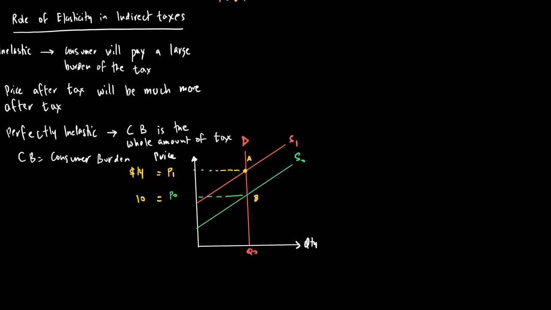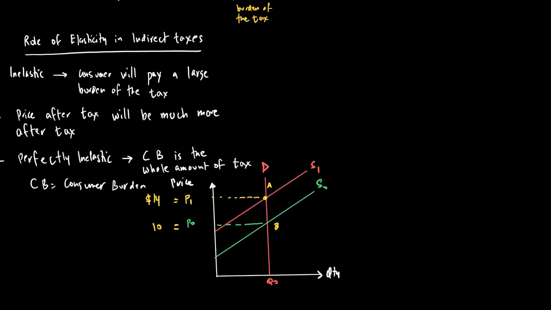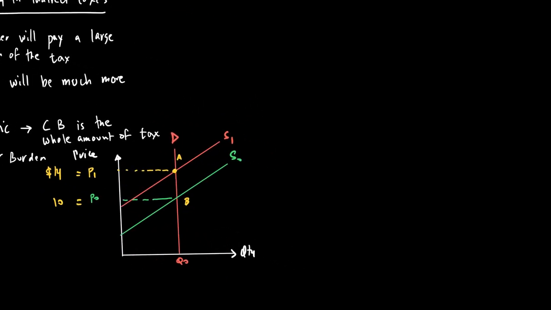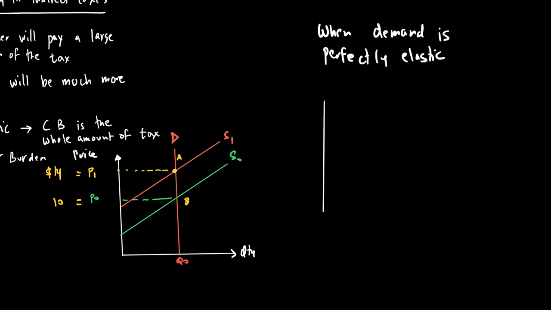Another case that I want to discuss, where we'll see the producer ends up paying the whole amount of the tax, is when demand is perfectly elastic. Now, when the demand is perfectly elastic, this is a good where there's a perfect substitute available.